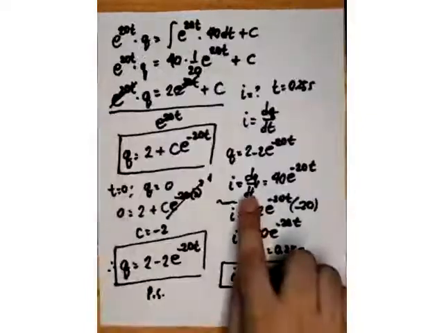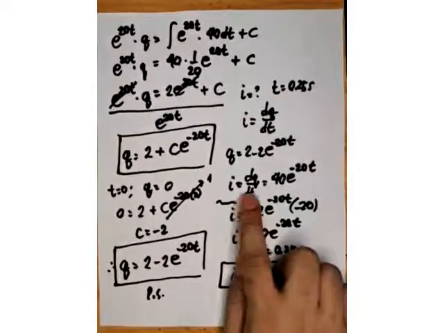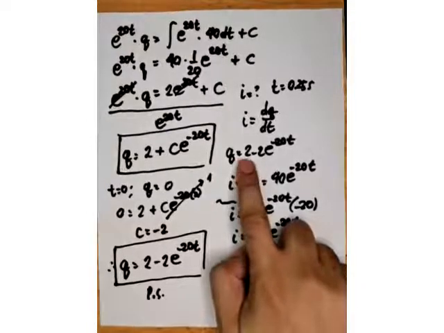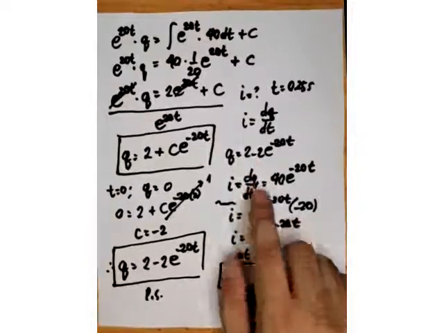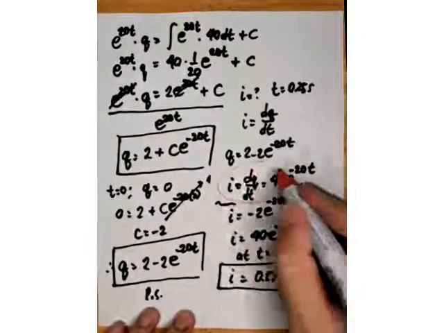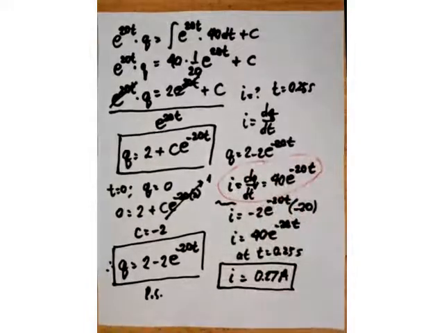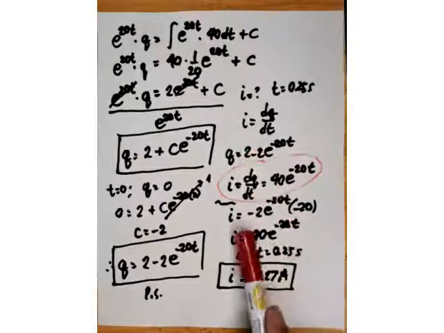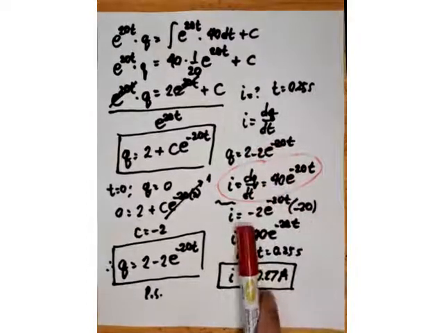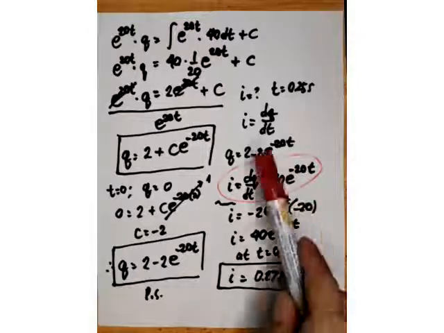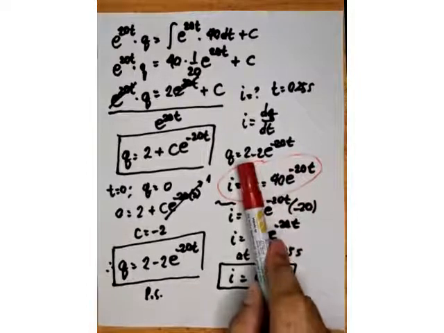Okay, ang formula natin ng current is dq over dt. So ito yung q natin. So get the first derivative of this. Do not mind this. Shinortcut ko kasi siya. So, kukunin natin ang derivative nito. So, that's equal to this one. You derive this. So, derivative ng constant, that's 0.